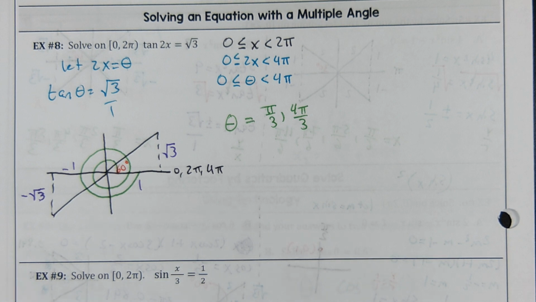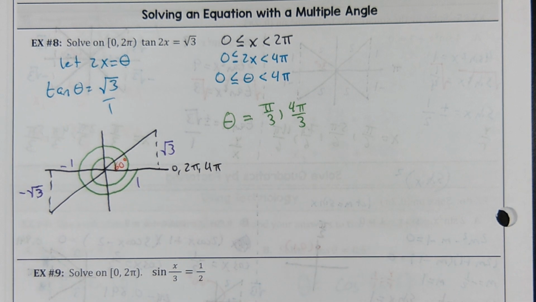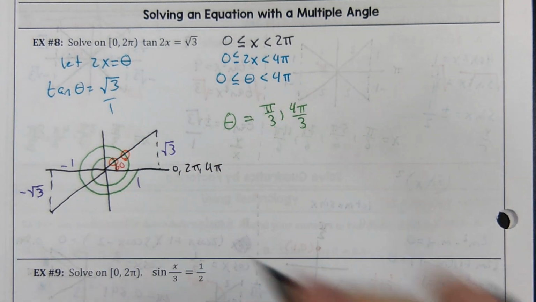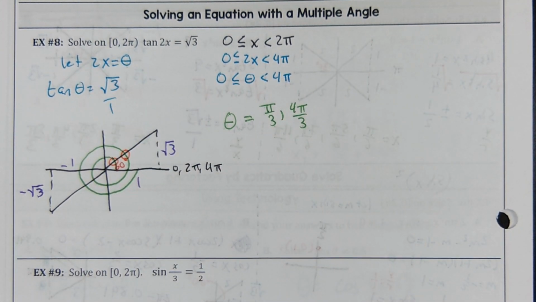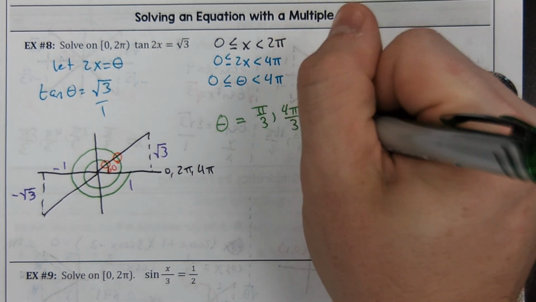How often does tangent of theta repeat itself? No, that's sine and cosine. How often does tangent repeat itself? Every pi. So this answer and this answer are pi apart.